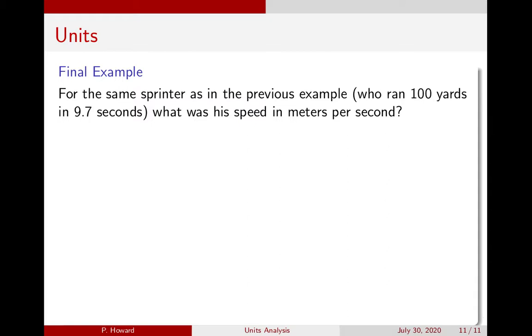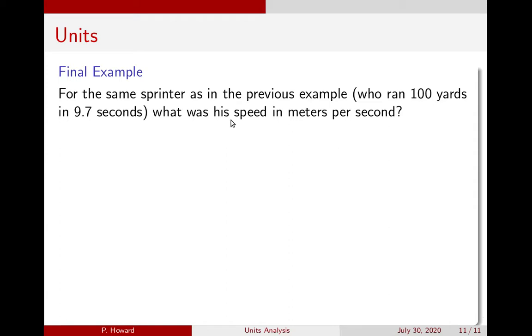So let's look at that same sprinter who ran 100 yards in 9.7 seconds. What I would like to do is convert his speed from yards per second to meters per second, or I want to find his speed in meters per second.